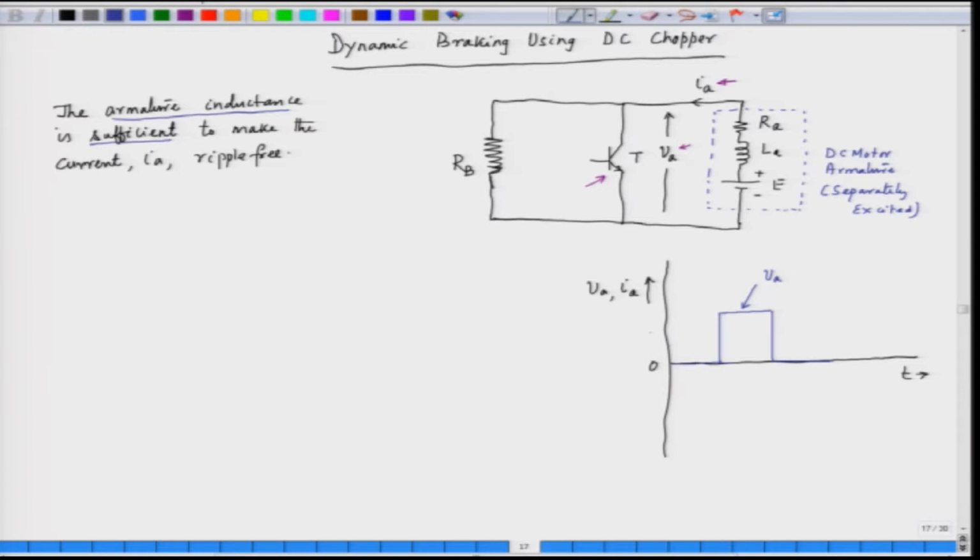The current through the armature will gradually rise exponentially, and then when the switch is open, the current will flow through the braking resistor.